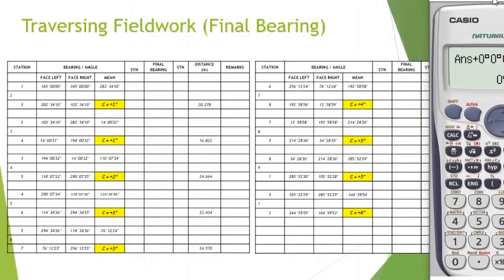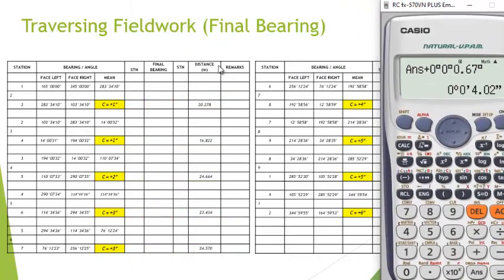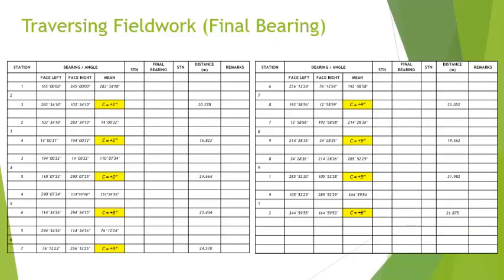Then, from these values, we can calculate the final bearing right here. But before you calculate the final bearing, of course, you need to determine the directions.